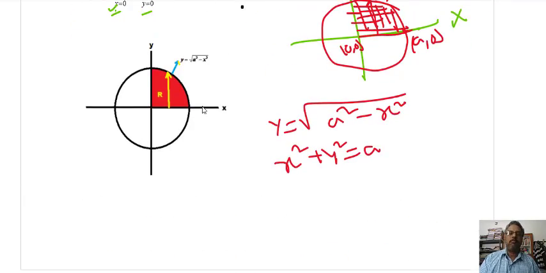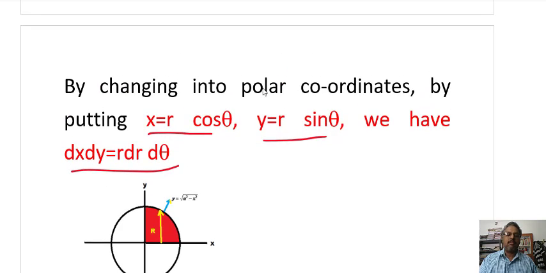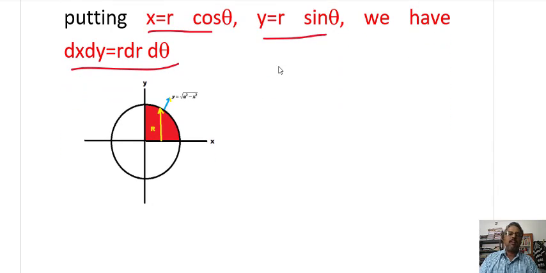Now changing into polar coordinates. Again, x equals r cos theta, y equals r sin theta, dx dy equals r dr d theta. Now what about the r limits and theta limits? What about the r limits?